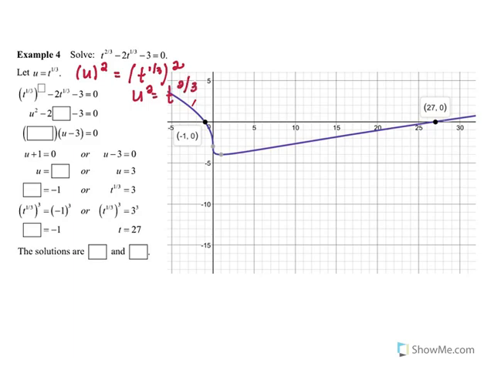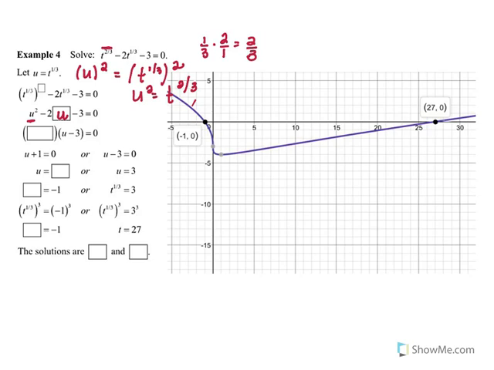Since 1/3, remember power to power we multiply, so 1/3 times 2/1 is 2/3. Replacing my t's with u's so that we can actually do something with them. I'm replacing my t to the 2/3 with u squared since they're equivalent, minus 2 times u, because t to the 1/3 is equivalent to u, minus 3.